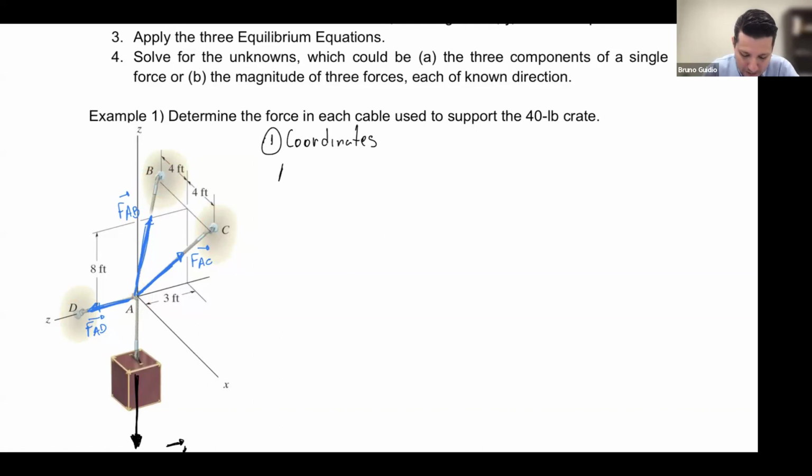Point A. I think this is okay, because everybody understands this is 0, 0, 0.